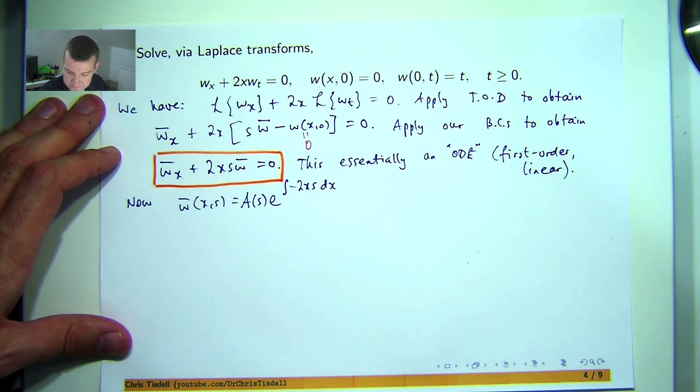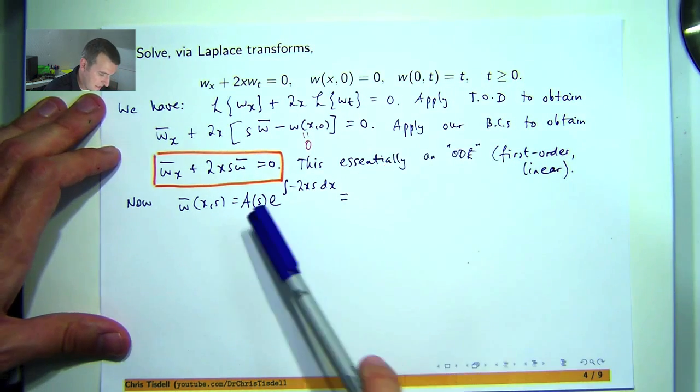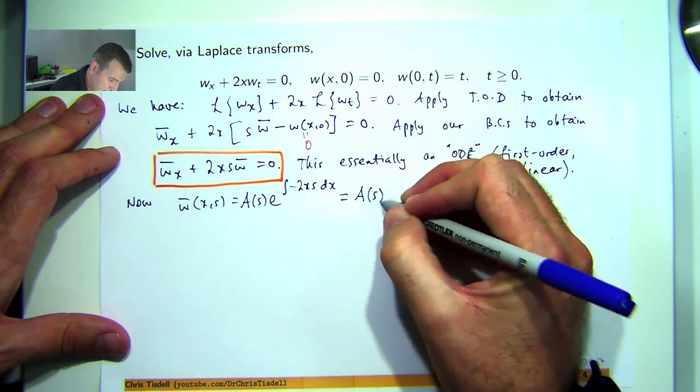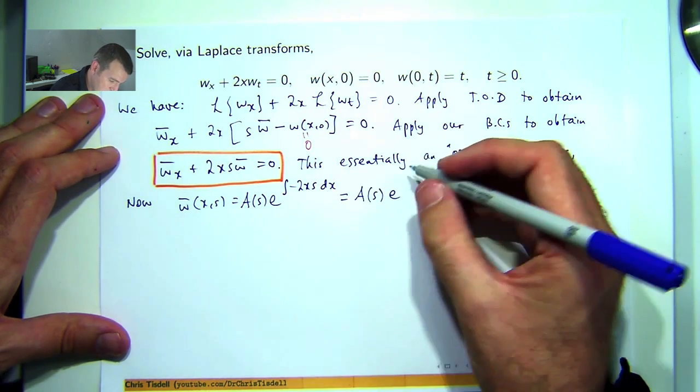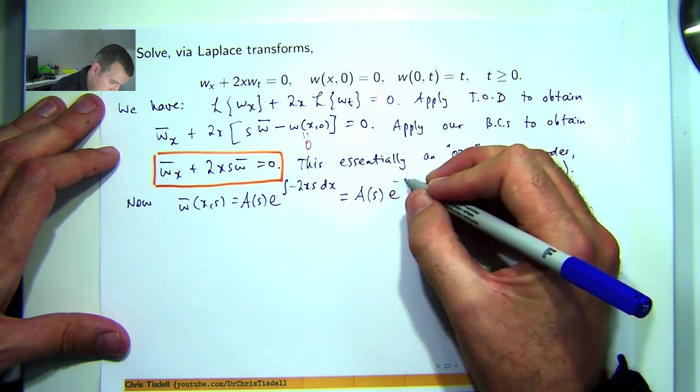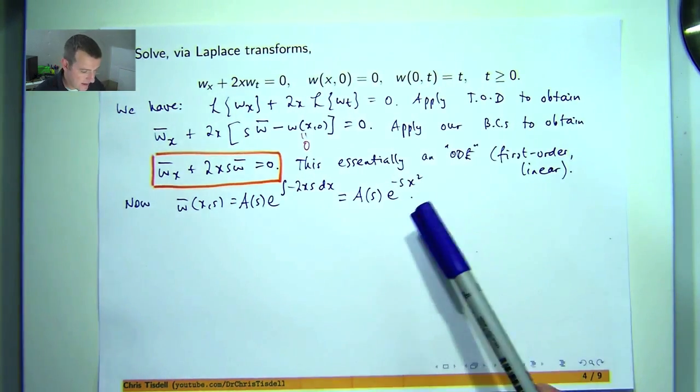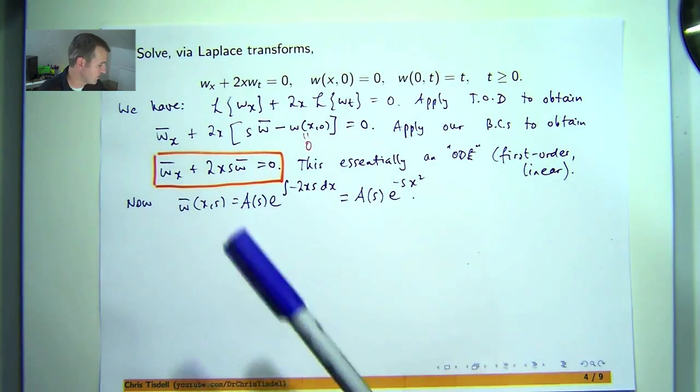Okay, so if I do this integral with respect to x, I'll get the following. Imagine s is a constant. All right, so I now have a general solution to this problem.